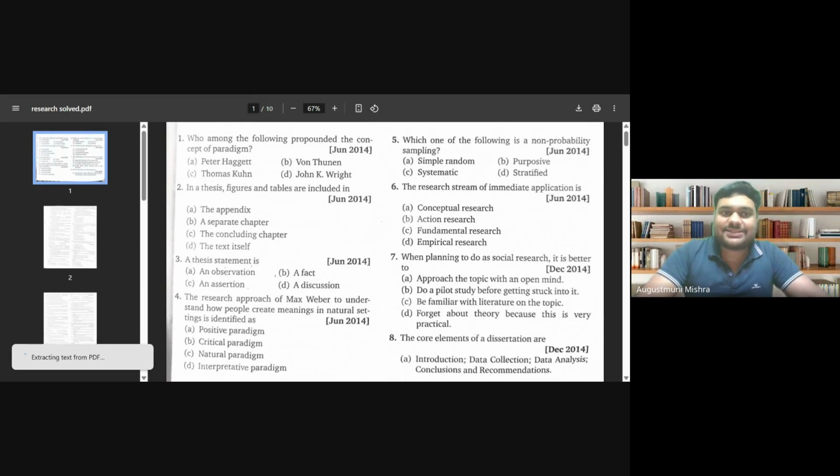Third answer is C. Thank you so much, ma'am. And then there is another for second. Two of the participants said A. For second, the answer is D, the text itself. For second, the answer is D.